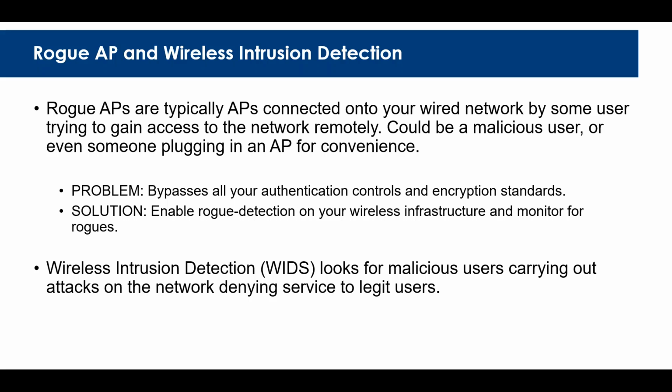Or a person in your organization itself may have connected another access point to the wired network for his convenience. The problem is that it bypasses all your authentication controls and encryption standards. So we recommend enabling rogue AP detection on your wireless infrastructure. And we highly recommend enabling wireless intrusion detection, which will look for malicious users carrying out attacks and report the same.